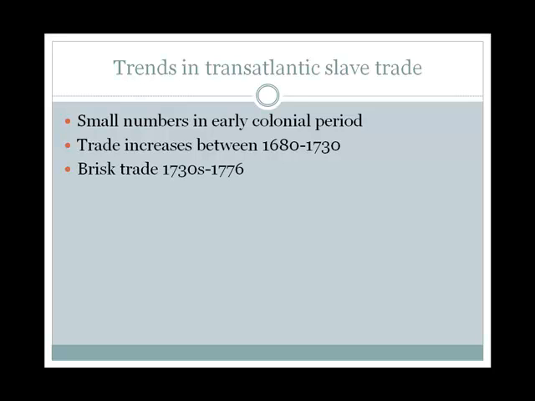The slave trade is very brisk from the 1730s to 1776. Then it slows down during the Revolutionary War. This is a global conflict, and the slave trade is essentially decreased during this period.